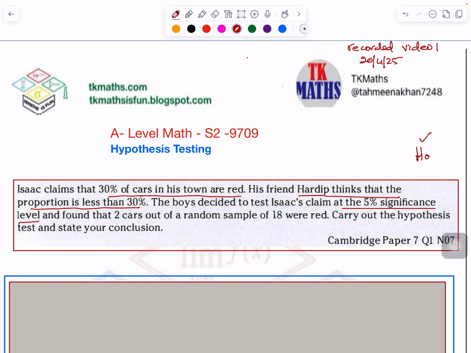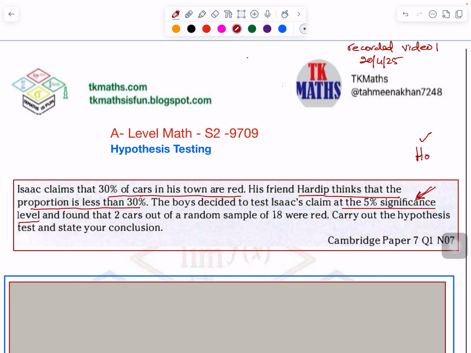Similarly, when we calculate the probability, if it is less than 5%, because 5% is the significance level, then the null hypothesis is rejected.